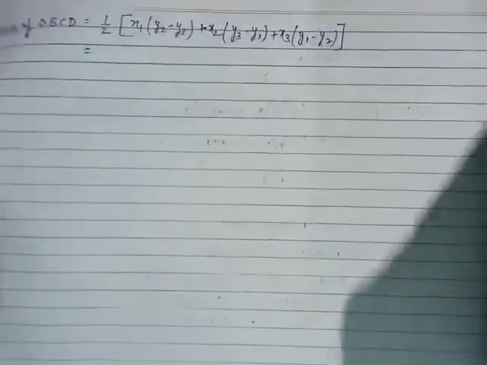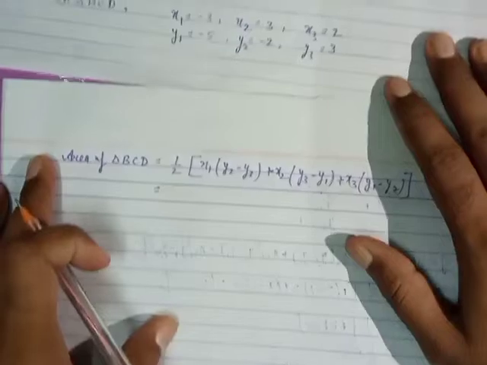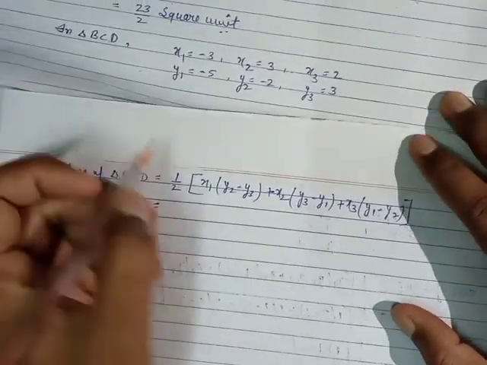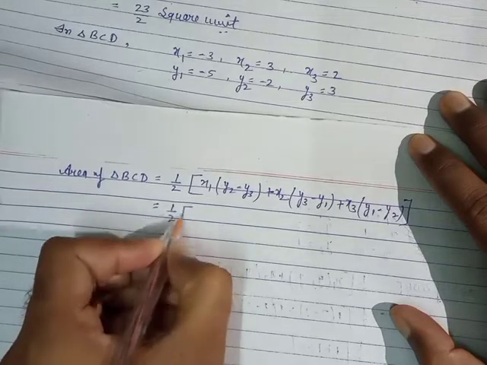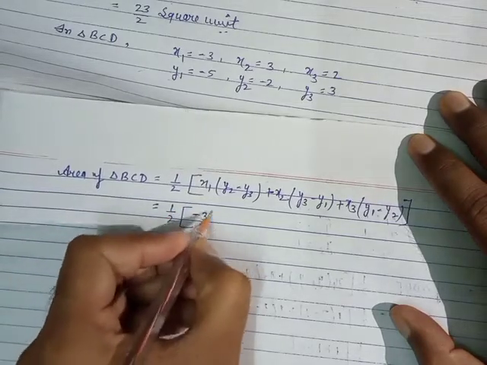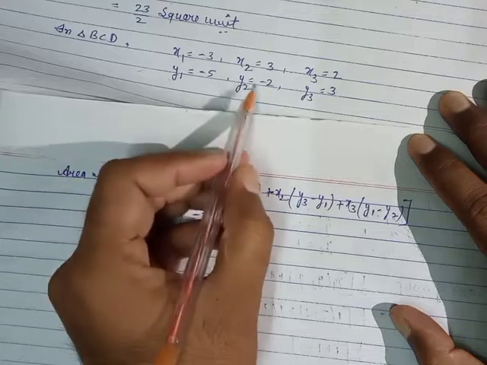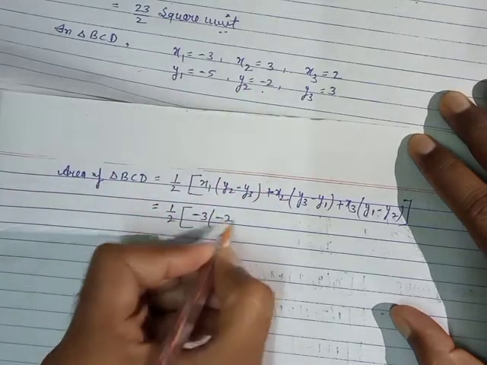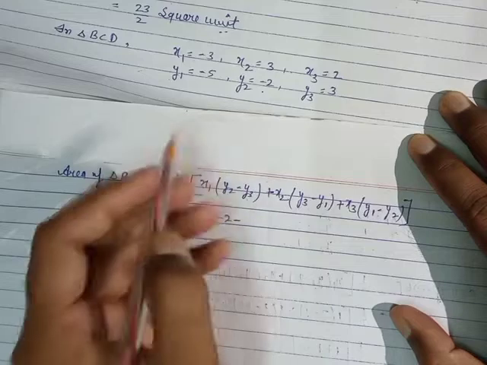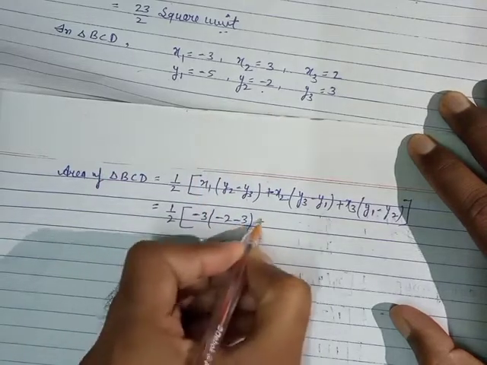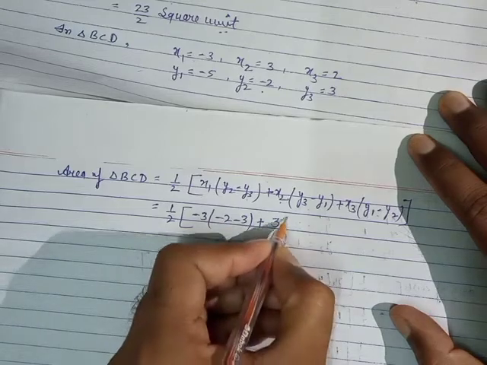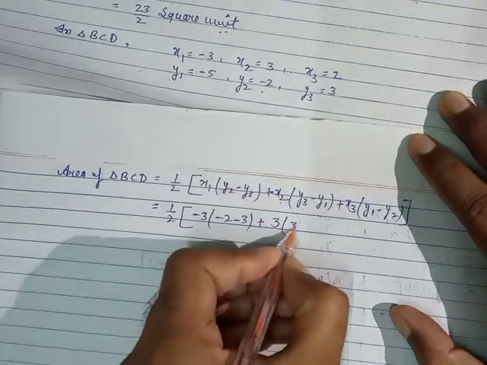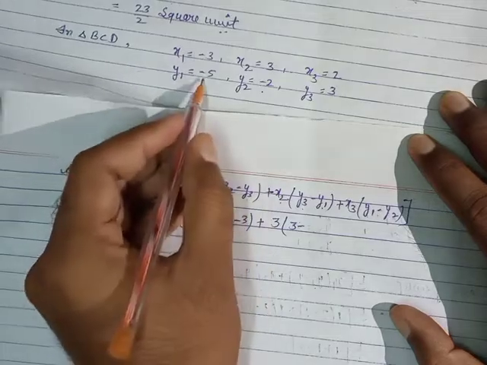You can see value of x1 minus 3, y2 value here minus 2, minus y3 value 3, plus x2 value here 3, y3 value 3, minus y1 value here minus 5.